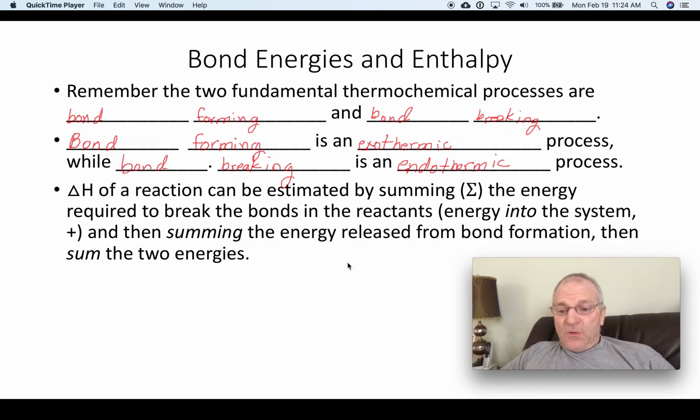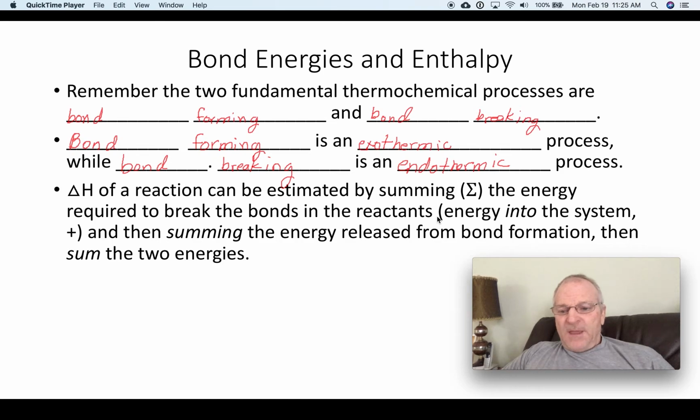It's a relatively common practice to estimate delta H of a reaction by looking at the number of bonds broken versus the number of bonds formed, and then summing those two processes. Since bond formation is an exotherm, the algebraic sign associated with that quantity is negative, versus an endothermic process where the sign is positive.